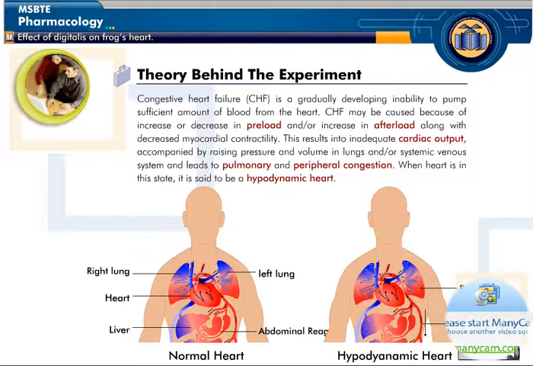This results into inadequate cardiac output accompanied by raising pressure and volume in lung and or systemic venous system and leads to pulmonary and peripheral congestion. When heart is in this state, it is said to be a hypodynamic heart.